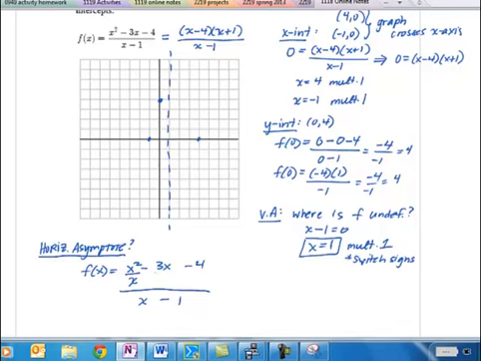So we want to divide by x for each term, and simplify. This time that's going to leave me with x minus 3 minus 4 over x, over 1 minus 1 over x.